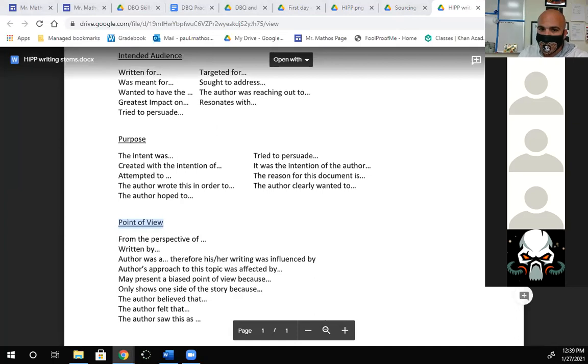So from the text. Okay, so point of view, I'm not sure, but I could probably say that the author may present a biased point of view because she does have children that do work and they've been working before they were 11 or 12 years old, and she personally hasn't seen any effects on their health, but it doesn't make a clear point that working before these ages doesn't affect children because it's just her children.